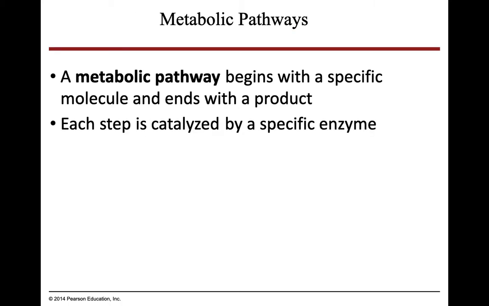And a metabolic pathway is just a series of steps where we have a molecule as an input, and it ends with a molecule that is some product or end molecule. And each step within a metabolic process is going to be catalyzed or started by an enzyme because enzymes have specific shape and structure.